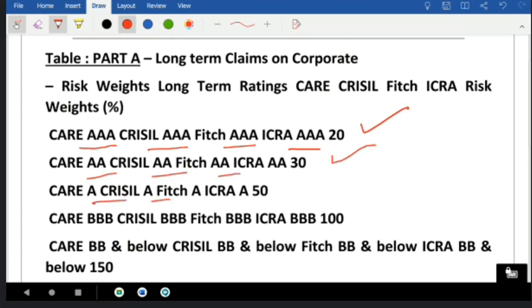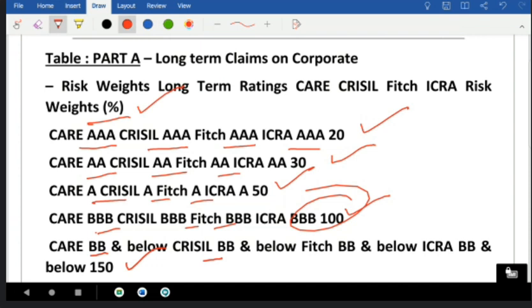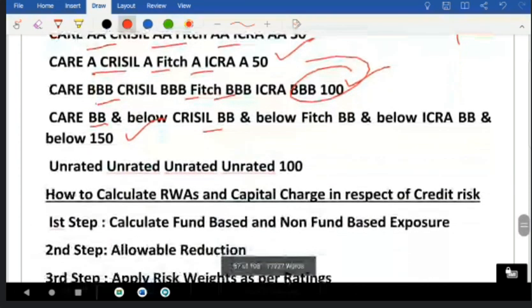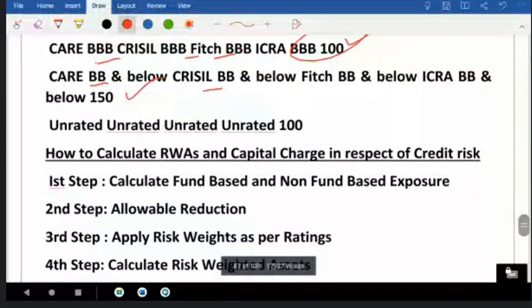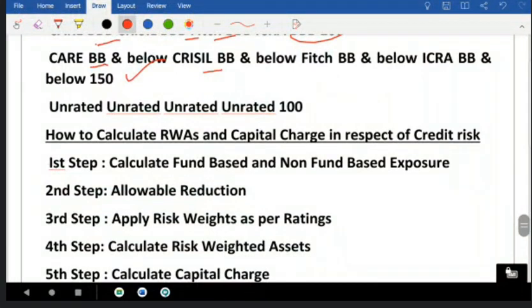A: 50%. Triple B: 100%. You can remember it like this. Below B: 150%. So this is the risk weight percentage, same as previously discussed. One more is given here: unrated. If something is unrated, it is 100%.